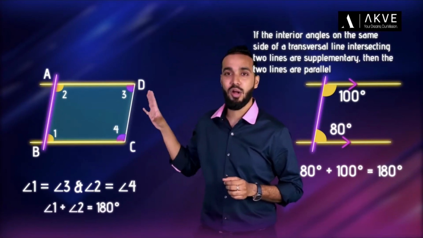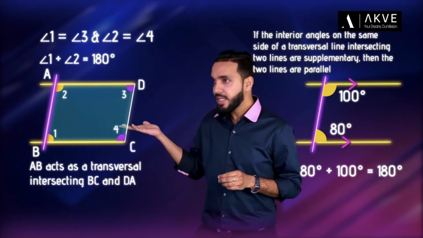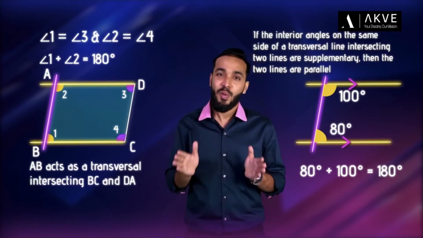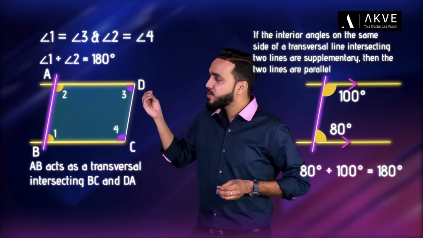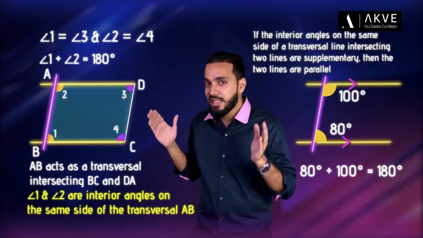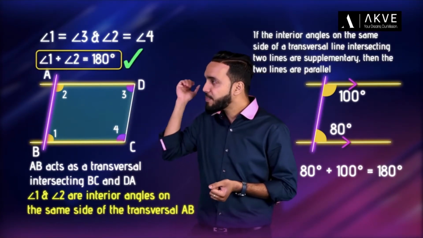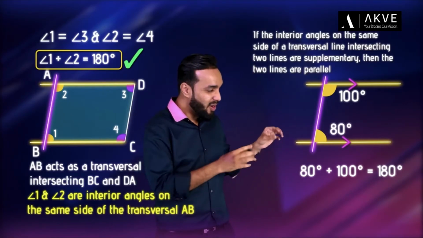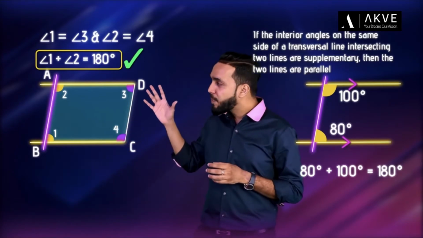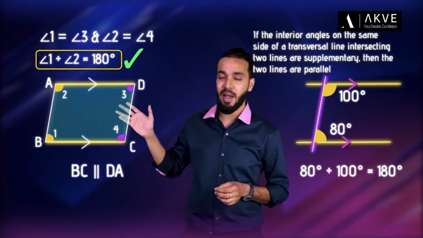Here in this quadrilateral, AB acts as a transversal intersecting or meeting lines BC and DA, which implies that angles 1 and 2 are actually interior angles on the same side of the transversal. We have already seen that they are supplementary. Thus, following this theorem, we arrive at the conclusion that opposite sides BC and DA are indeed parallel.